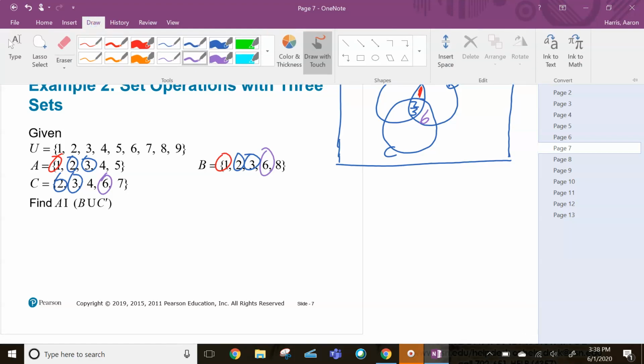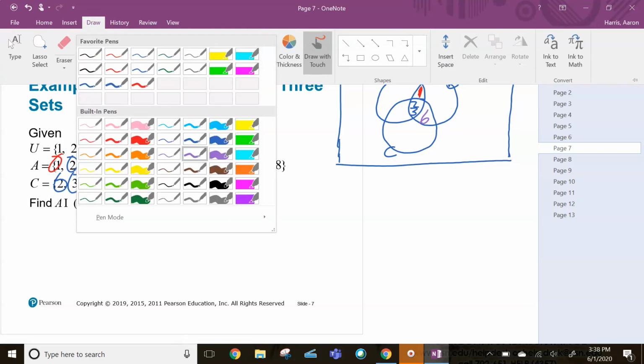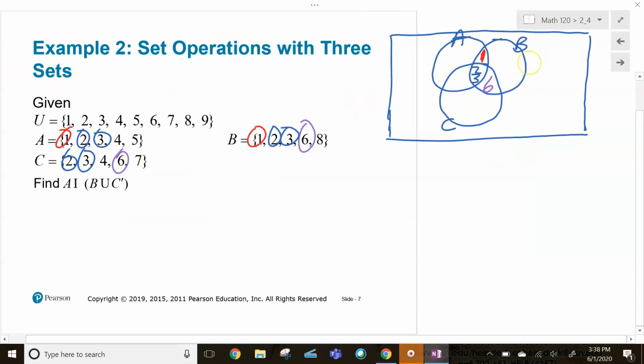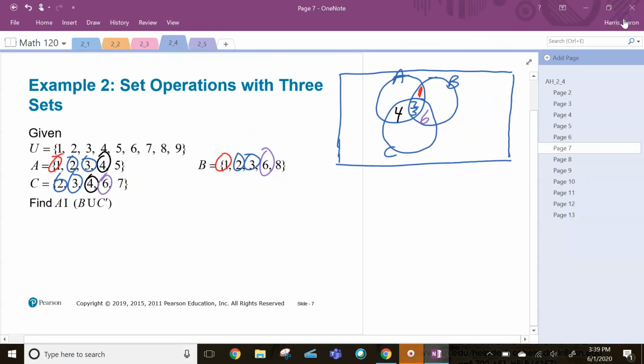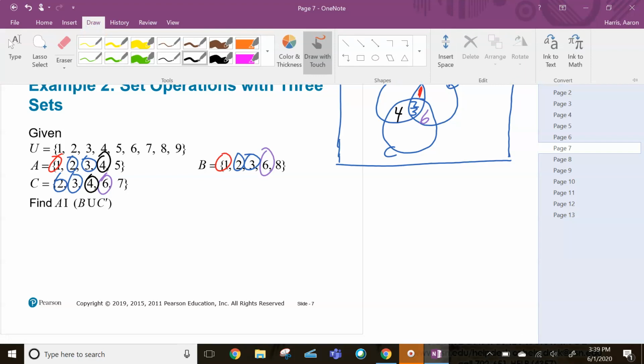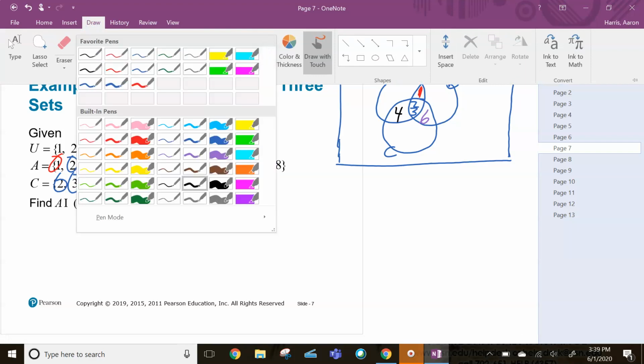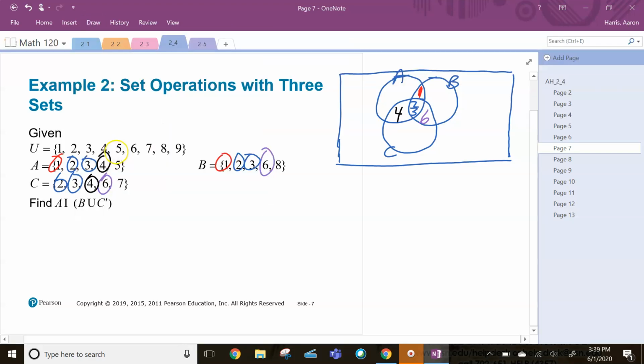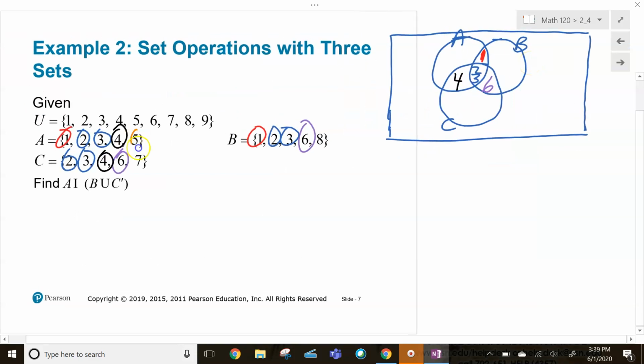Okay. Now let's find the one that's in A and C besides just 2 and 3. So A and C share 2 and 3, but they also share 4. Okay, let's see what's left that we haven't put in here from this universal set. 5 I haven't listed.